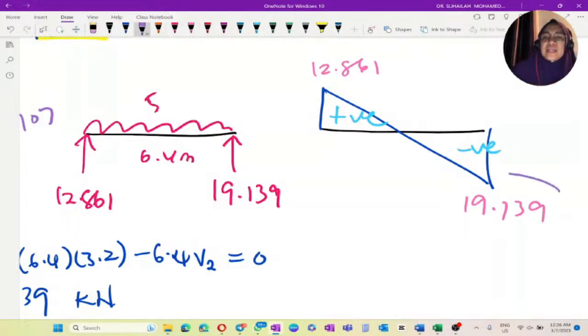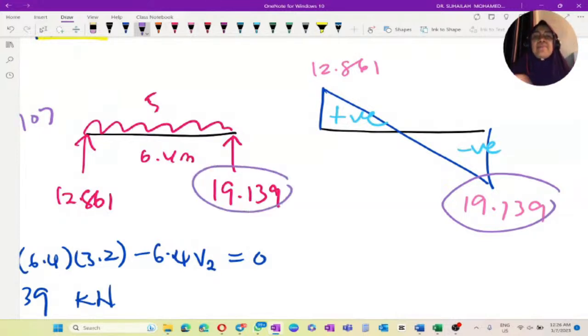Again, this negative. Plus this positive, we get back to 0. So start with 0 position. This is the second position. This is the third position, and the last position is 0. So there is intersection here, means that maximum moment occur at this position.